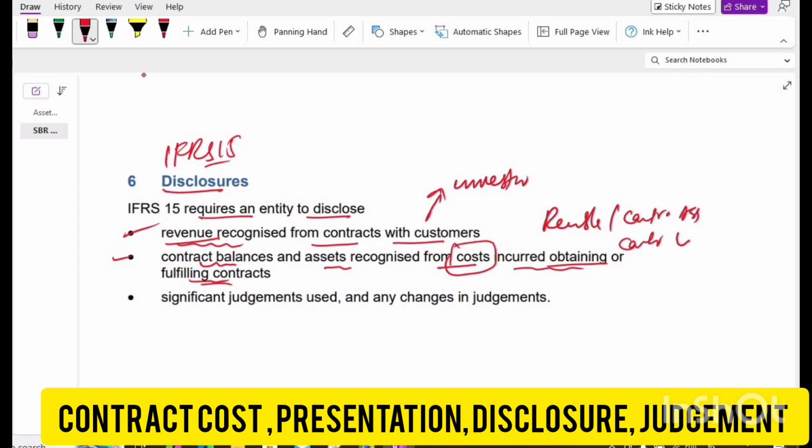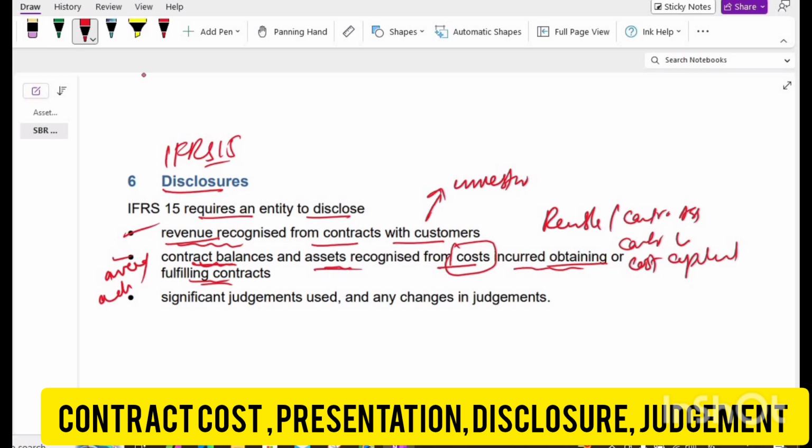They also have to disclose the cost capitalized, the cost spent on obtaining or fulfilling the contract. So cost capitalized should also be disclosed. And why it matters, this helps to understand the financial position of the company, showing how much money is owed or received in advance. So this will tell us about the position of the business.